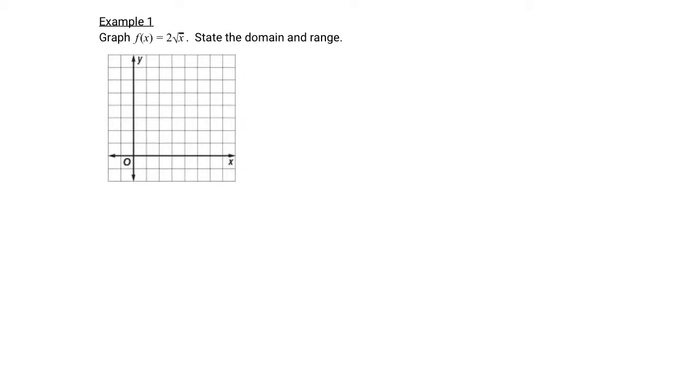We're going to graph f of x equals 2 times the square root of x, and then find the domain and range. We're always going to make a table of values for these. So I'm going to go ahead and make the table. For our first value, we're going to take what's the radicand, which is x, and set that equal to 0. If there were anything in the radicand besides just x, I would solve and get x alone, but there isn't.